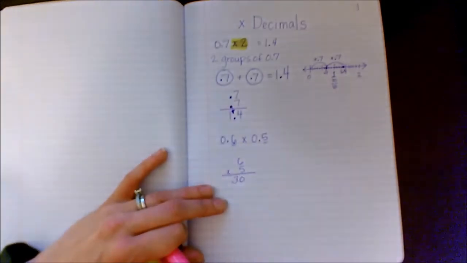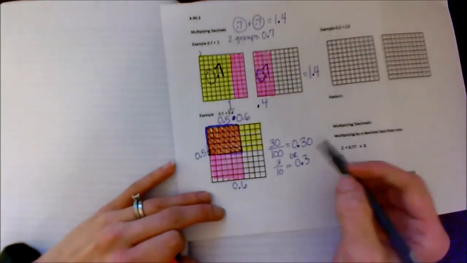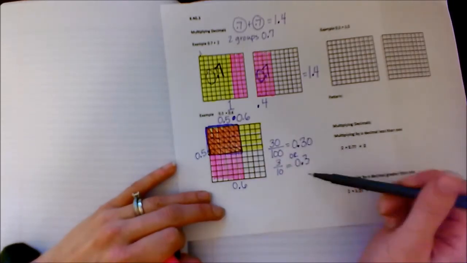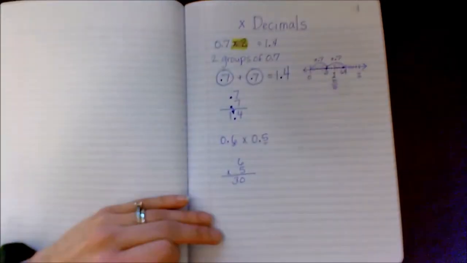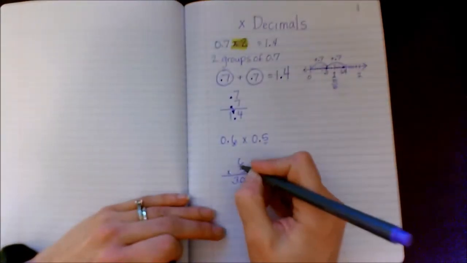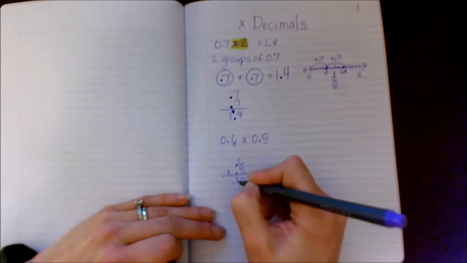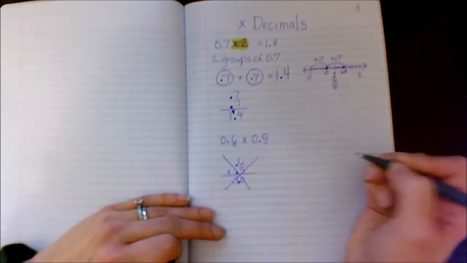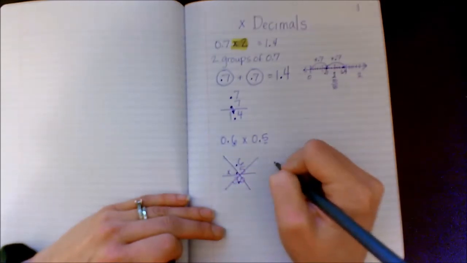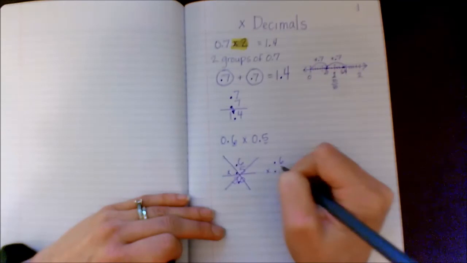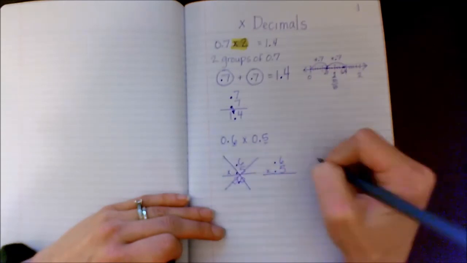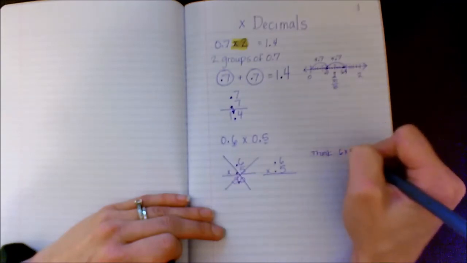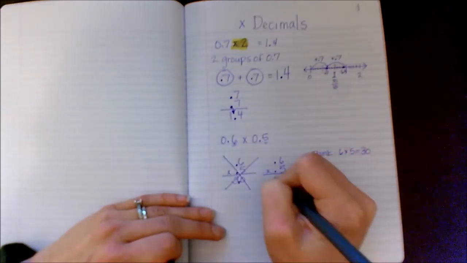Now, in my visual, okay, it's only 30 hundredths, so it's actually 3/10. So I would not put the decimal right here. This is incorrect. So we should do this, and then we're going to go, no, that is not correct. Okay? So I should be thinking, I know that 6/10 times 5/10, well, 6 times 5 is 30. So I'm going to go ahead and write 30.